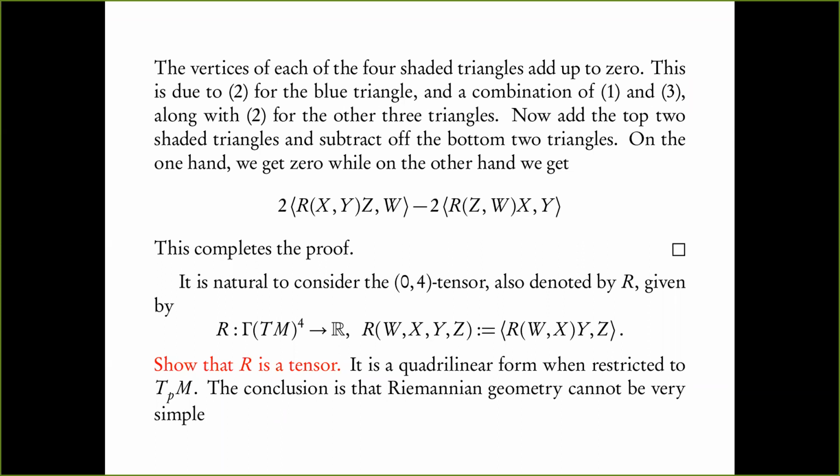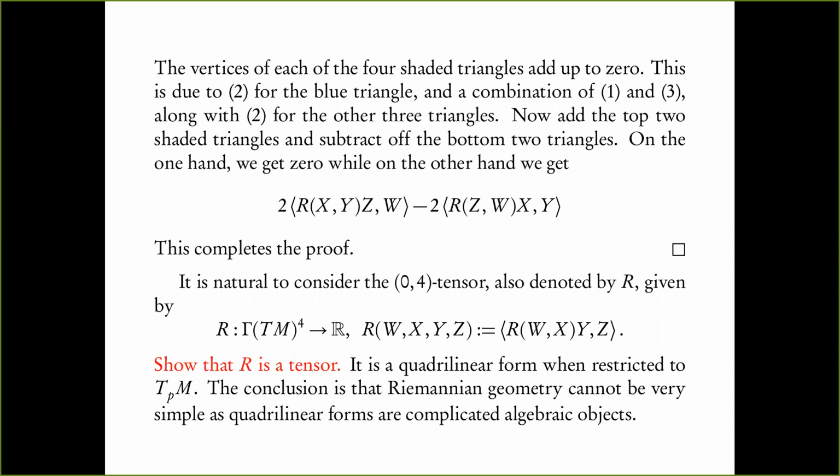So the conclusion at the end of the day is that Riemannian geometry cannot be very simple, because it involves in particular this tensor, and this tensor, even at a particular tangent space, is a quadrilinear form, and general quadrilinear forms are very complicated algebraic objects. Even bilinear forms, a lot has been studied and a lot is known, but quadrilinear forms are enormously complicated.